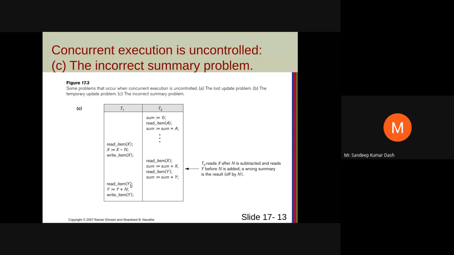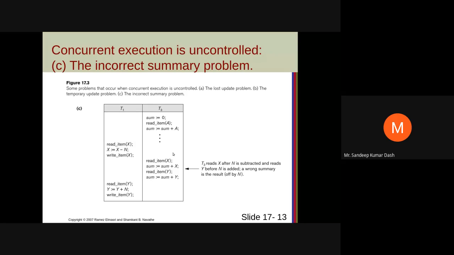The n amount should be going into the y account, but till this point of time, it has not been credited onto y. Still you are reading it. So you are reading a wrong update, a wrong summary. Whatever summation this generates will be wrong. The n amount is not present in this summation because you have deducted from x but not credited back to y. So this type of problem also exists: the incorrect summary problem.